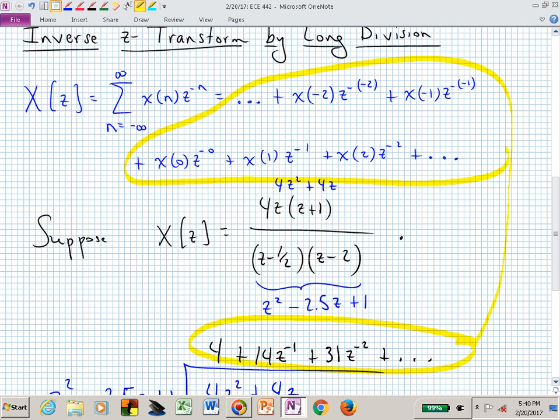Meaning, if I looked at this particular term, do you see that that's now scaled by z to the 0? And I come up here and I say, what's scaling z to the 0? Well, that's now my value of the time domain waveform x at time index little n equal to 0. Likewise, 14 ends up being little x at what time?